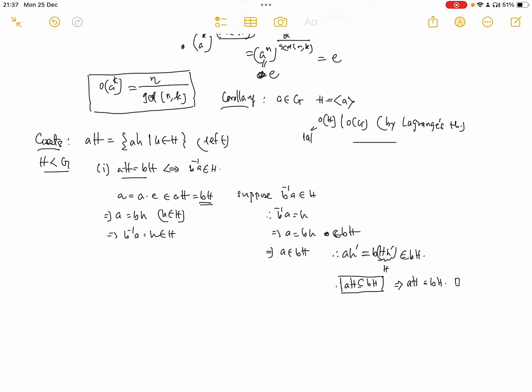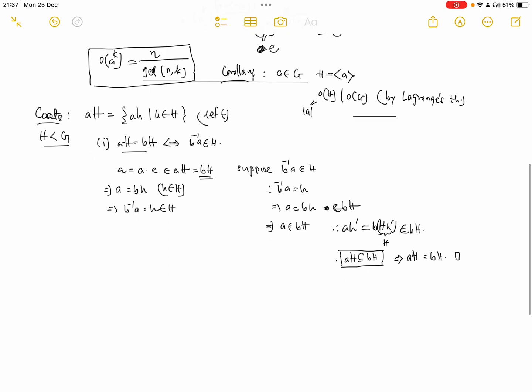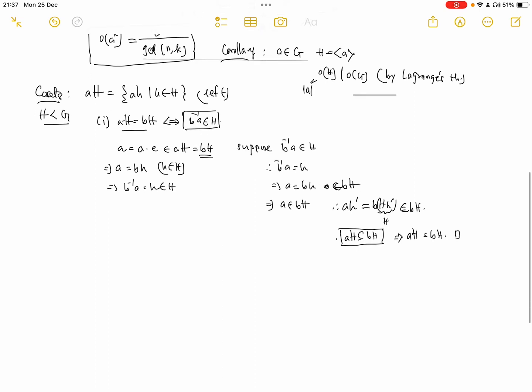So this is a nice small application. Suppose you have a bunch of cosets. You might want to identify which of them are distinct cosets, because there's no point taking the same coset more than once. So you can just do it by observing the representatives of that coset and seeing whether this relation holds or not.